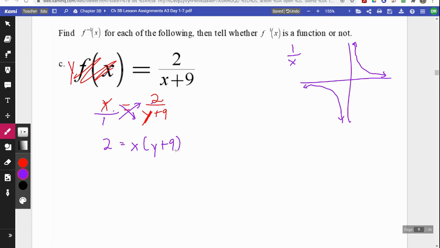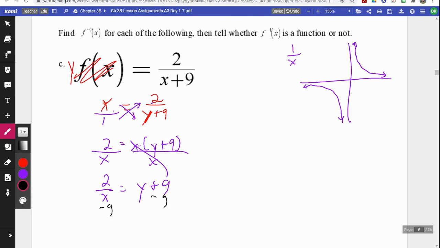Now to get y by itself, yes, we need to subtract 9, but that's stuck inside the parentheses. So we need to get rid of the x first. It's multiplying the y plus 9, so we divide by x. We'd have 2 over x equals y plus 9. And at that point, we subtract 9.